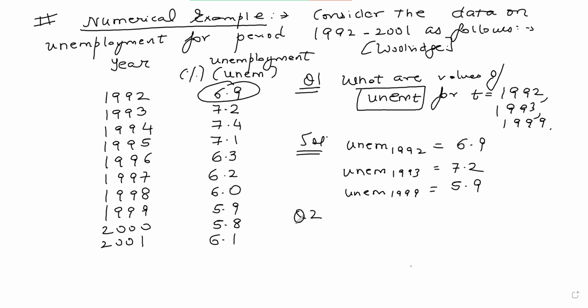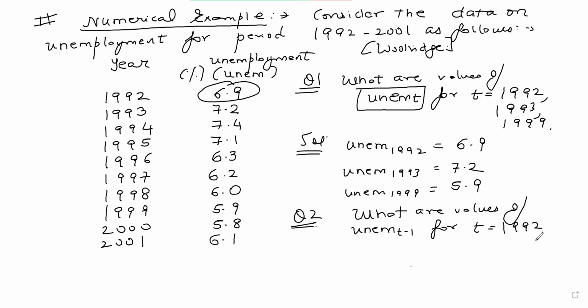Question 2 asks us, what are the values of unemployment in T minus 1 for T taking values 1992, 1993, 1999? So now it's T minus 1.